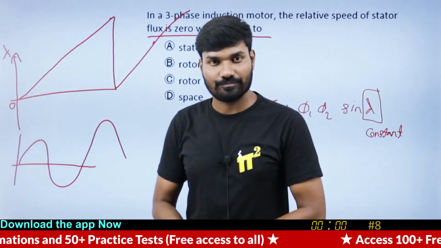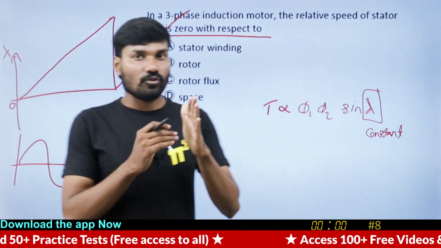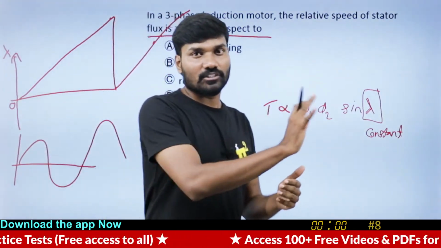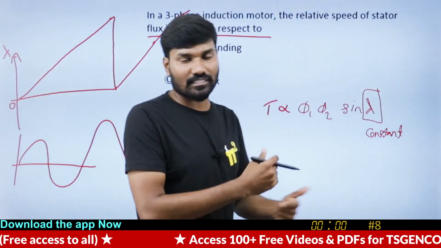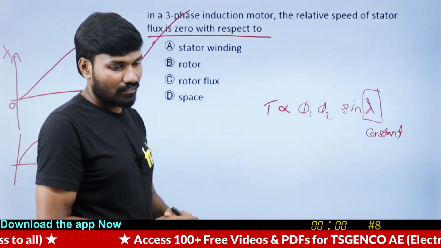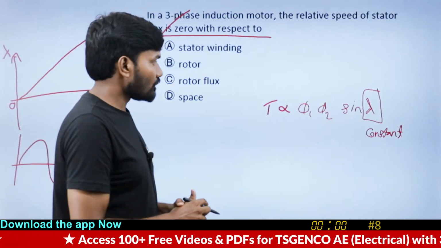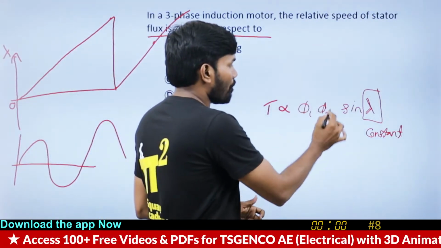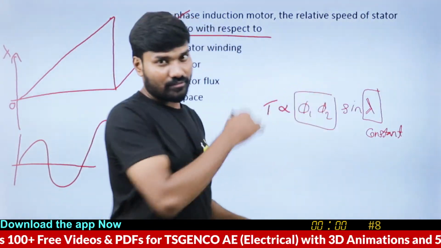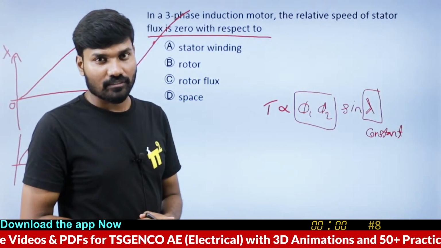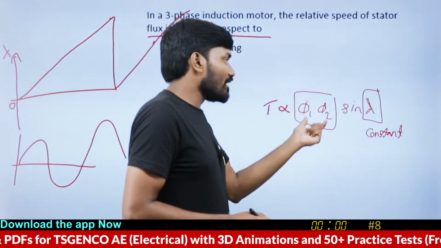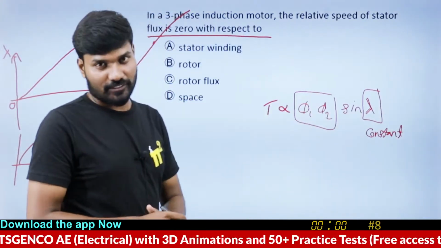Average torque is 0. So that's why you need to give some initial torque, initial rotation for the synchronous machine. Okay. I think the points are clear. So these two fluxes must be present for any machine to operate, and they must be stationary to each other.